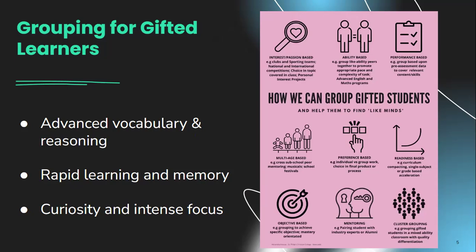Cluster grouping, where several gifted students are placed in the same classroom, allows for shared learning experiences without isolating them from their peers. Flexible grouping is especially powerful because it shifts based on the skill, topic, or interest at hand, ensuring that students collaborate with different peers and avoid static labels.